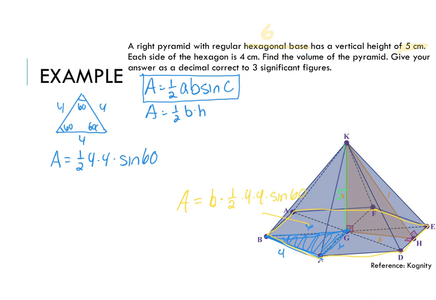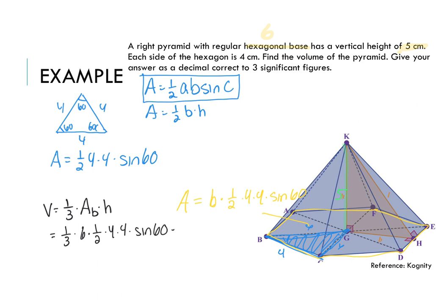And now we're in a good position to find the volume of this whole right pyramid. The volume of this pyramid is going to be 1/3 times the area of the base times the height of the pyramid. So we're going to have 1/3 times the area of the base, which is 6 times 1/2 times 4 times 4 times sine of 60.